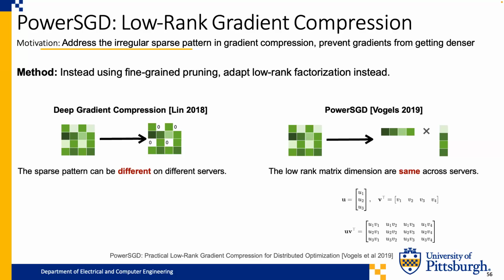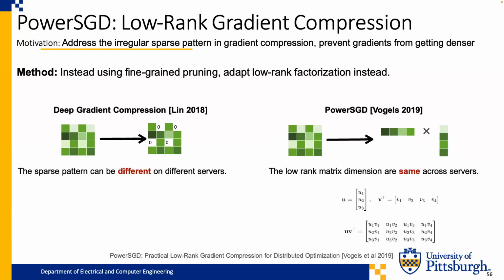For example, this 3x4 matrix can be factorized into 3x1 and 1x4. Then this matrix essentially equals the outer product of these two, not the inner product, but the outer product. What that means is U1 times V1, U1 times V2, U1 times V3, U1 times V4.